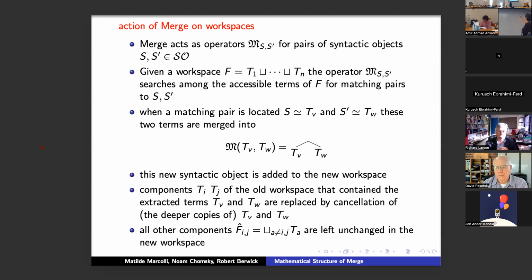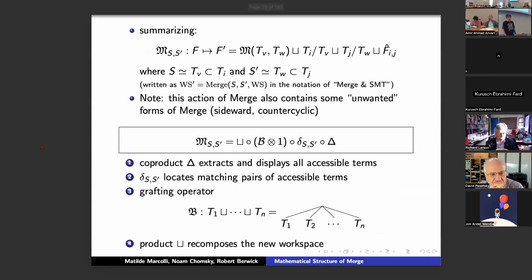So if F is my initial workspace, I'm calling F hat whatever was not affected by this action of the merge, which remains the same. And then I have the new component and I have the other. This is the usual description that you find in the literature, and that's fine.